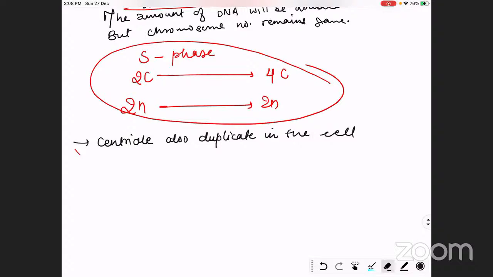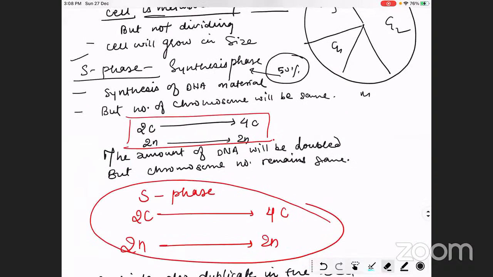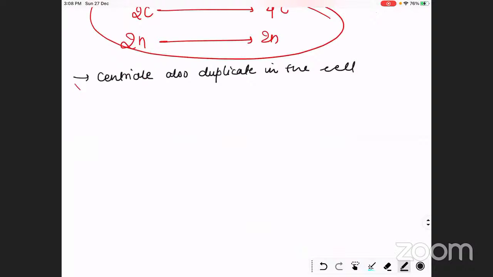One centriole forms two centrioles. DNA replication, the synthesis of DNA material, takes place in the nucleus, but the centriole replication takes place in the cytoplasm.